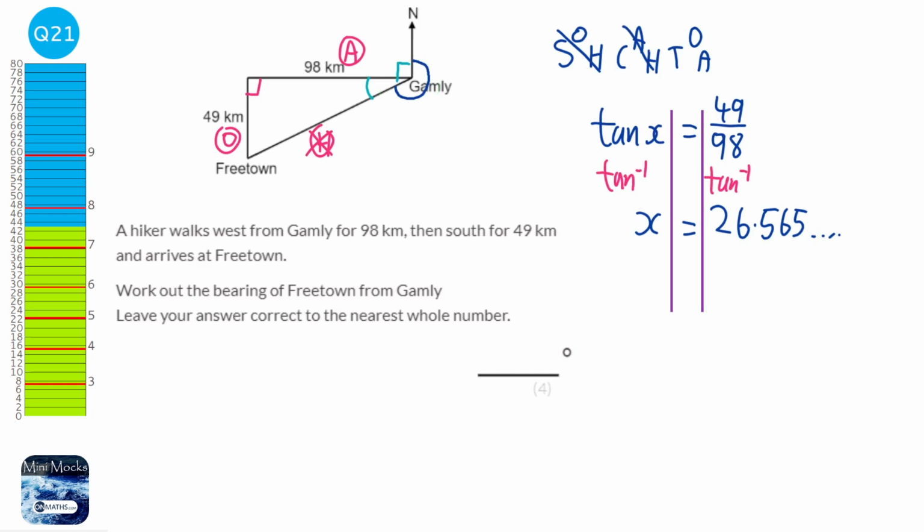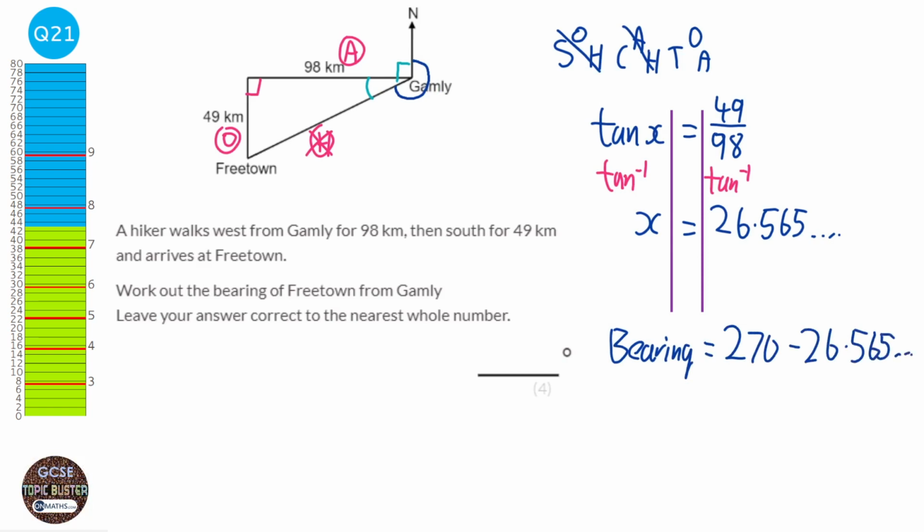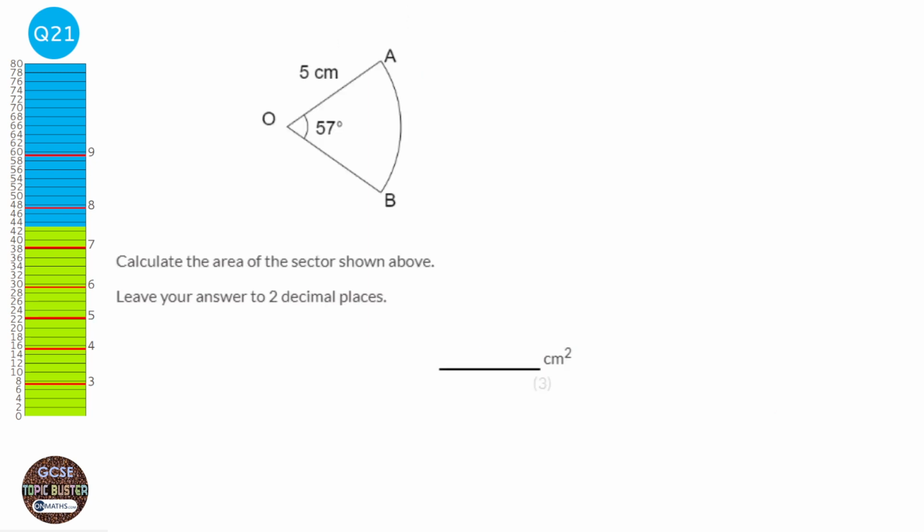So what I'm going to do now is we're just going to work out the bearing. So bearing, we're just going to do 270, take away the 26.565. And that gives us 243.434. It says it wants it to the nearest whole number, so that's going to be 243.